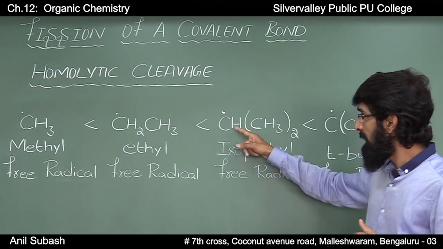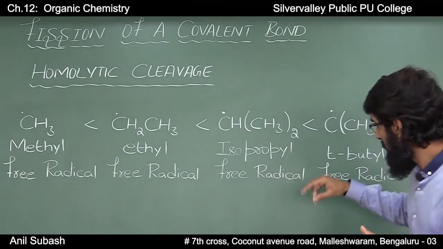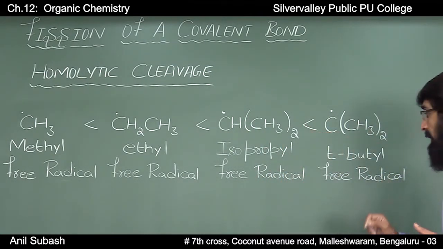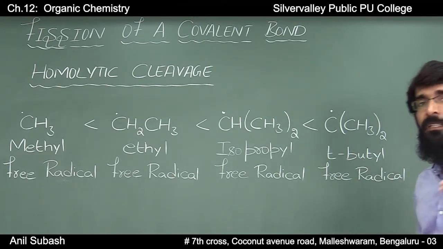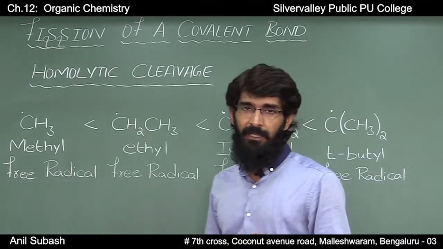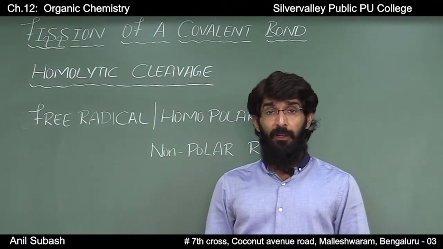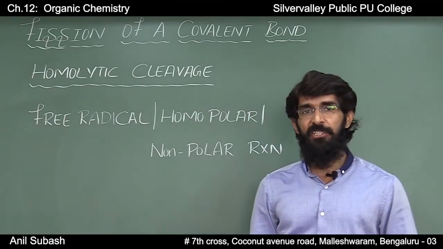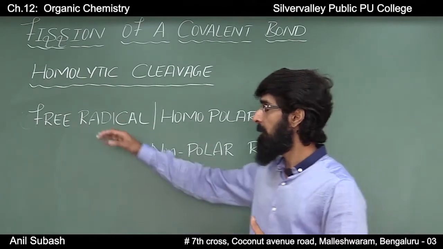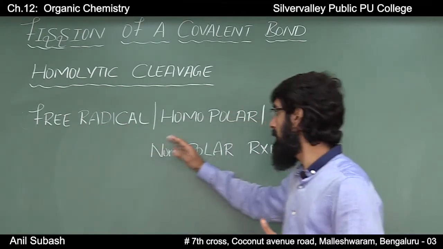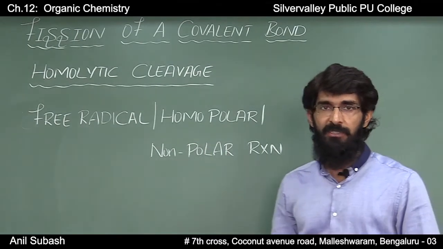In this case, it's a secondary free radical, which is less stable when compared to tertiary butyl free radical, which is a tertiary free radical. The organic reactions which proceed through homolytic fission are known as free radical or homopolar or non-polar reactions.